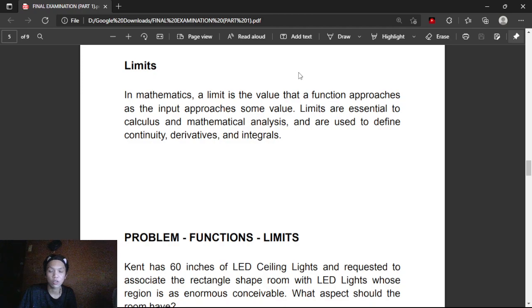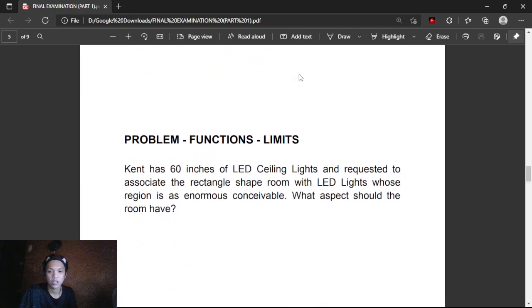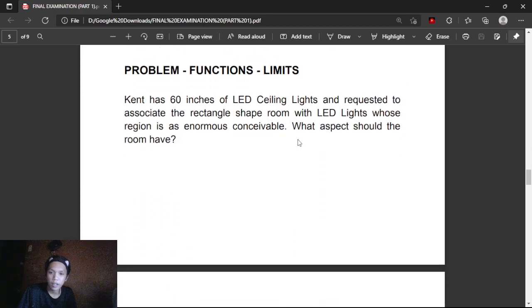Limits are essential to calculus and mathematical analysis, and are used to define continuity, derivatives, and integrals. So my problem is, Kent has 60 inches of LED ceiling lights and wants to light a rectangle-shaped room with the LED lights, whose area is the greatest possible. What dimensions should the room have?